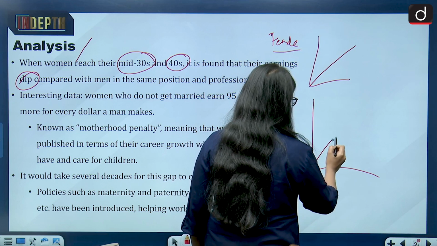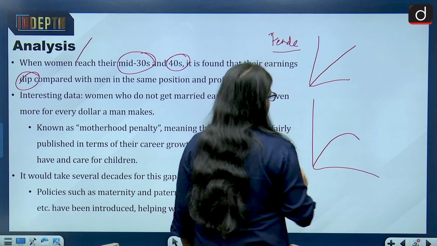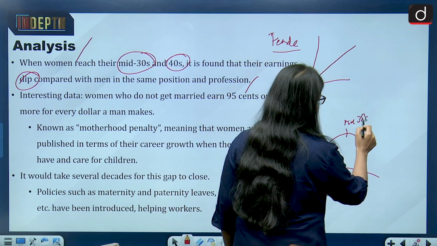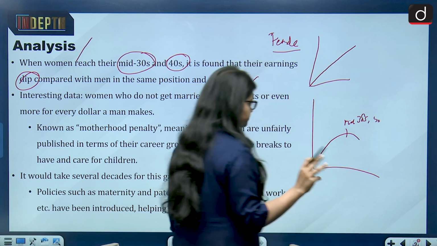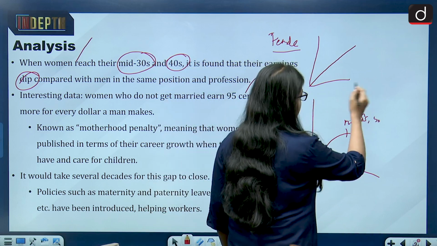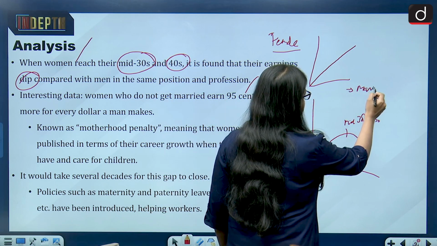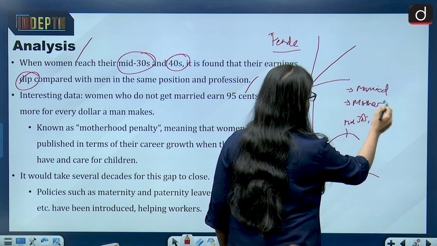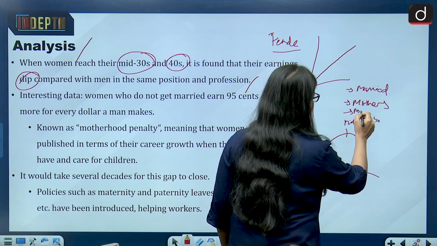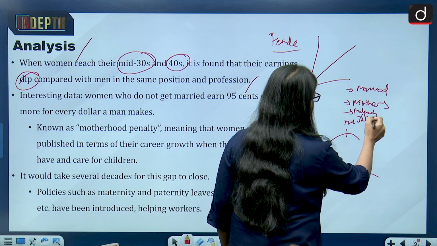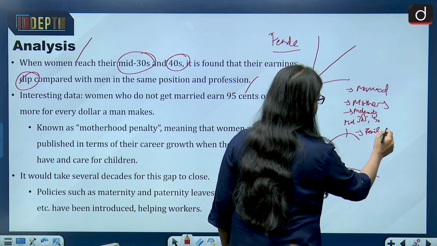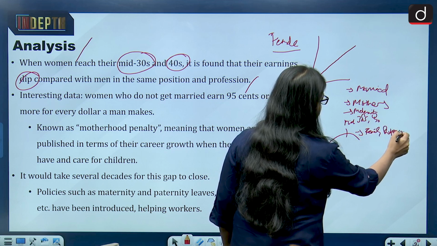It goes more like this, because when they reach their mid 30s or 40s, they are getting married, they are becoming mothers, they are taking maternity leave, or their family responsibilities are increasing.